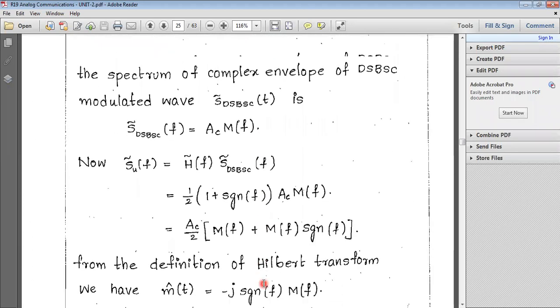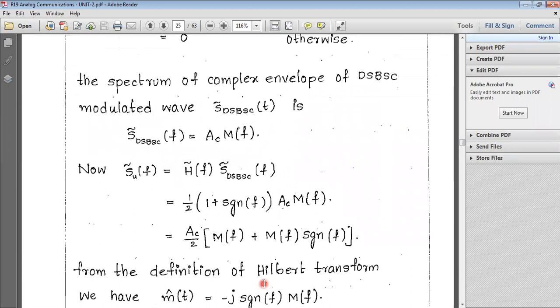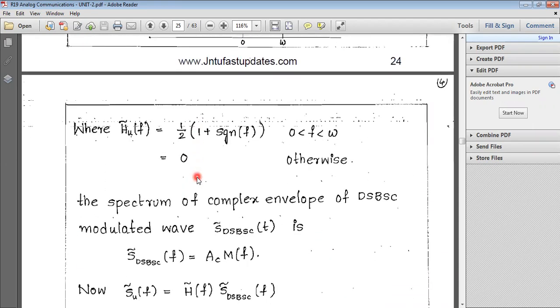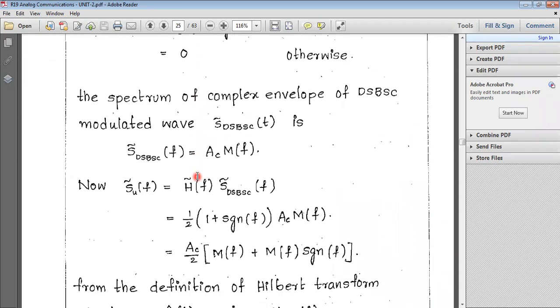So how did we get the SSB signal? By passing the DSBSC signal through a band pass filter. So you can multiply the band pass filter transfer function and DSBSC. Already you know the formula for this one: half into 1 plus signum function.